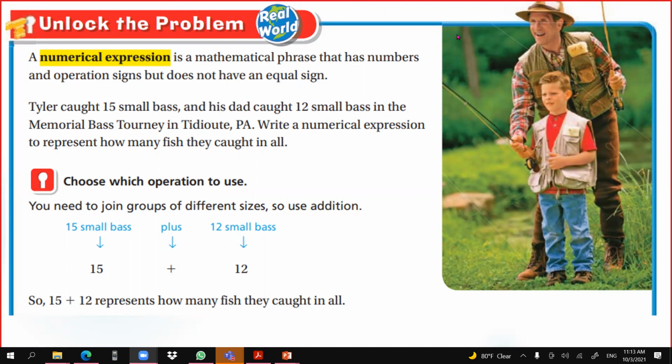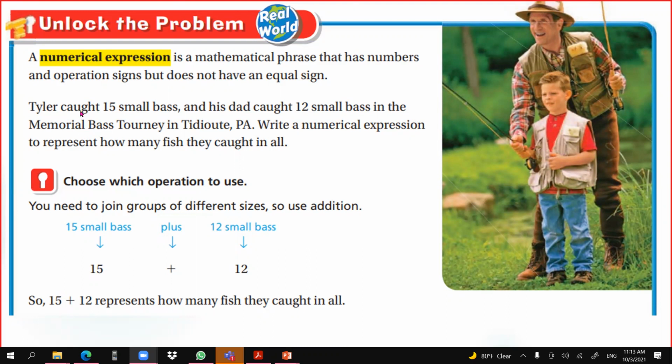Now, you need to read the sentence, analyze it, think about it, and try to translate it into numbers with an operation sign. You need to circle the numbers and check: are you talking about plus, minus, multiply, or divide? Then write the expression. Look at this example here.